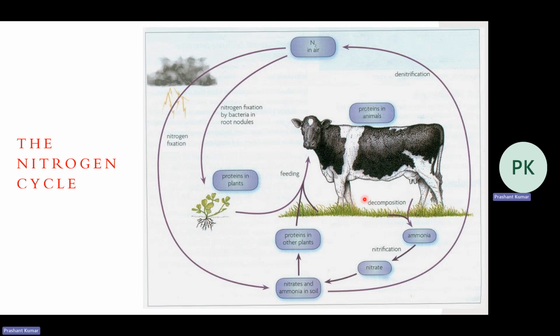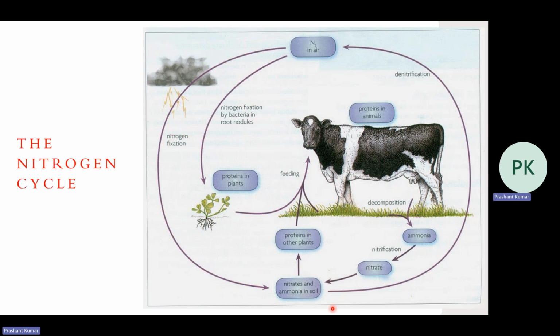And by the process of decomposition, the nitrogen content of animals and plants is converted into ammonia. And by nitrifying bacteria, it is converted into nitrate and goes to the soil. And from the soil goes to the plant, right? So this is one circulation. The other is that generally, naturally, nitrogen in air is converted by the nitrogen fixing bacteria, right?